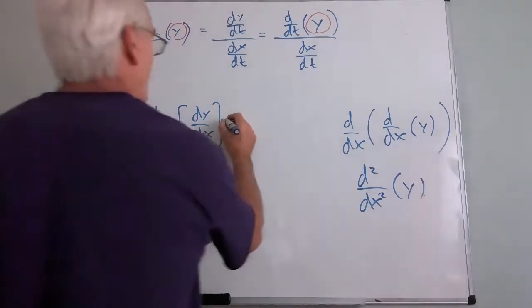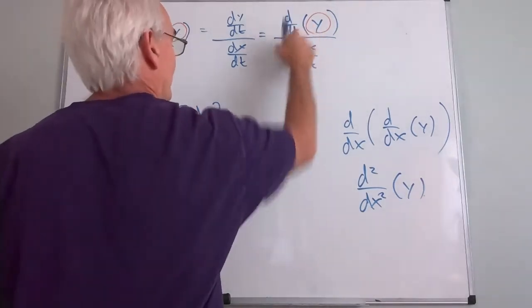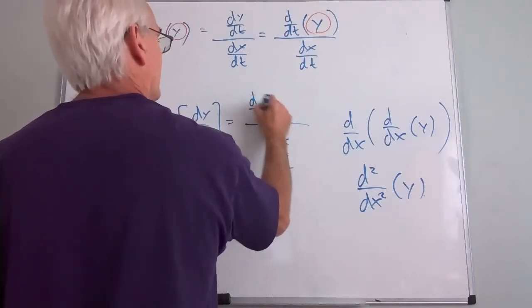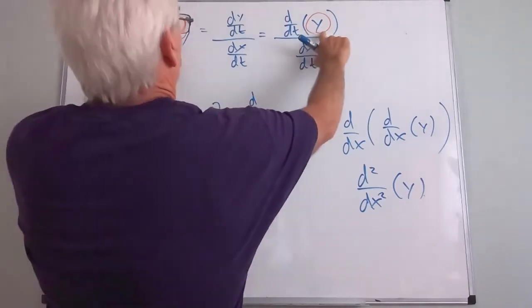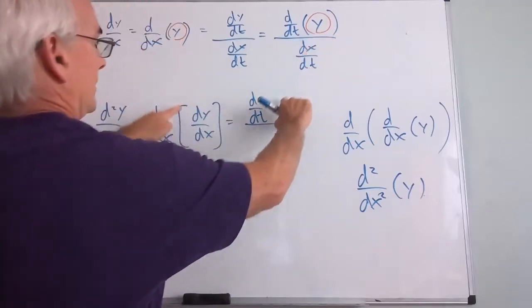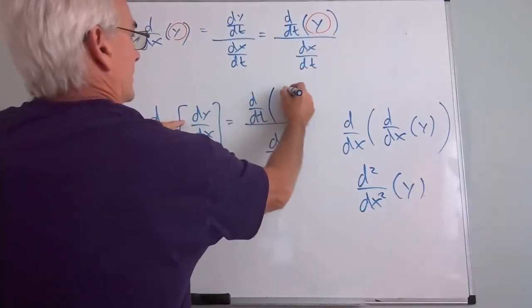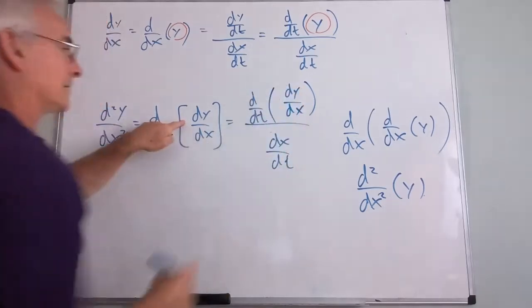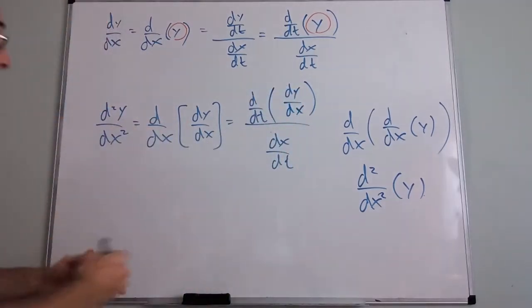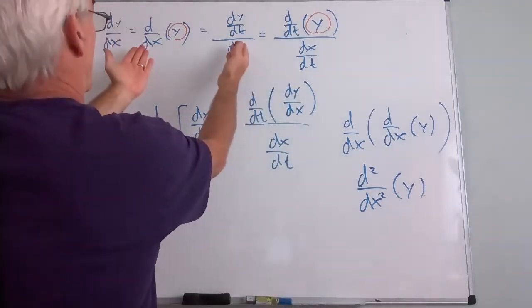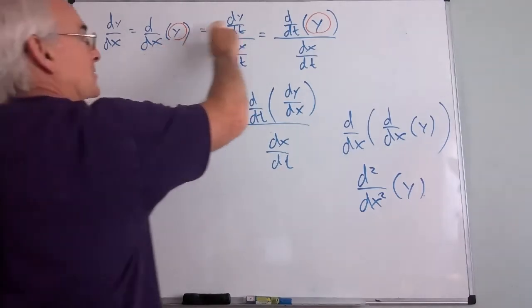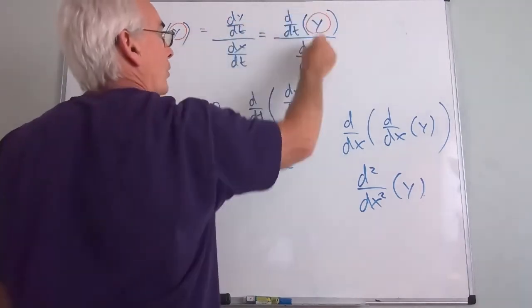But that means, this formula that we just derived says when I do d/dx of a thing, it's the same as doing d/dt of the thing over dx/dt.